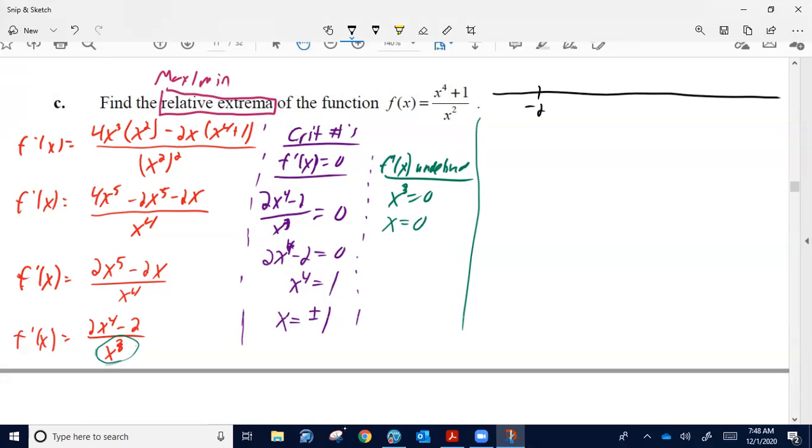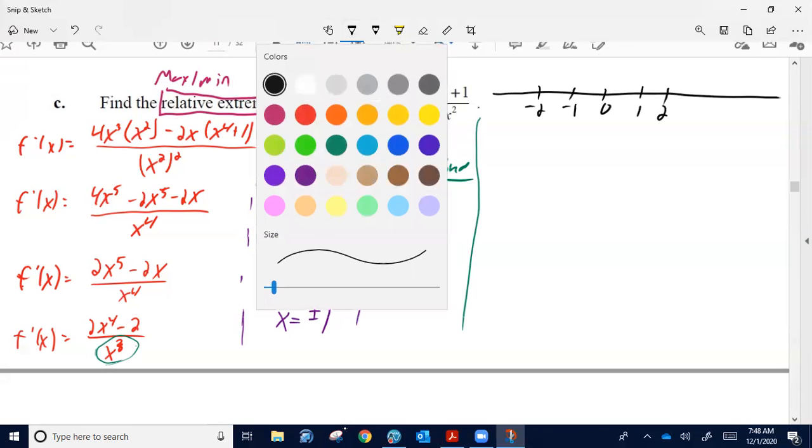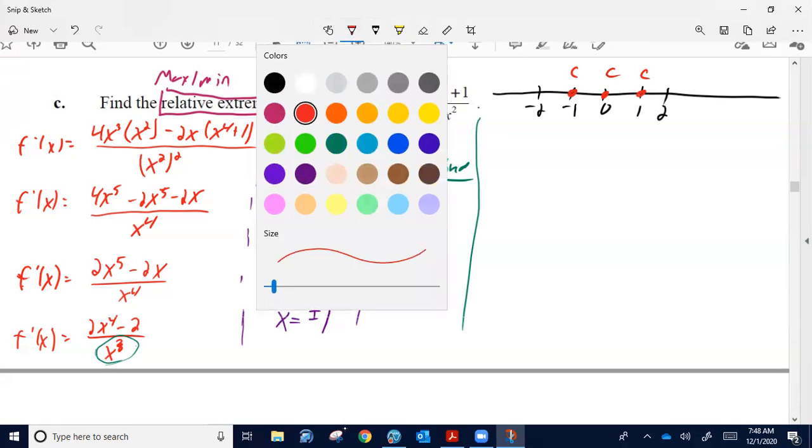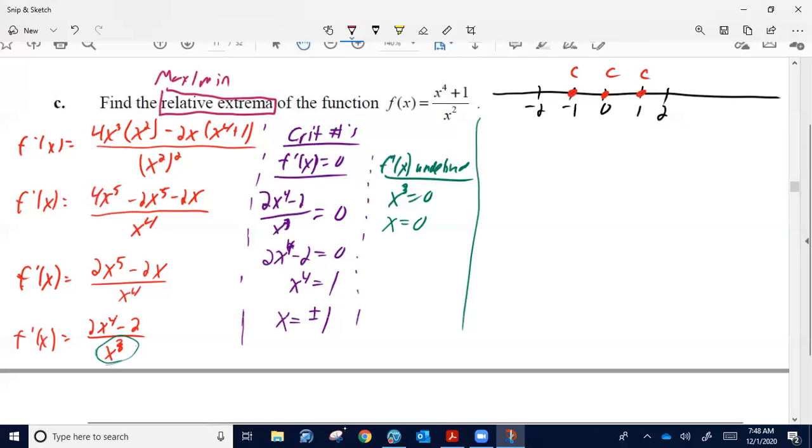We want to put those on a number line like we did before. So again, -2, -1, 0, 1, 2. I have critical numbers, -1, 0, +1. These are all critical. Test values between the critical numbers and test them in the derivative.